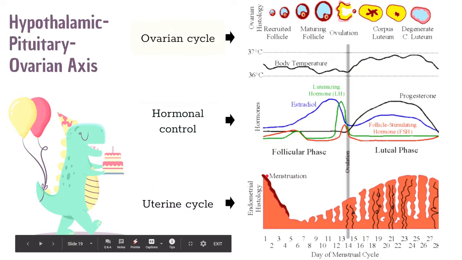As you can see here, from day 1 to around day 5 is the shedding of the uterine lining. It will be removed from the uterus. But around day 6 onward, you will see a slow thickening of the uterine lining in anticipation of fertilization.